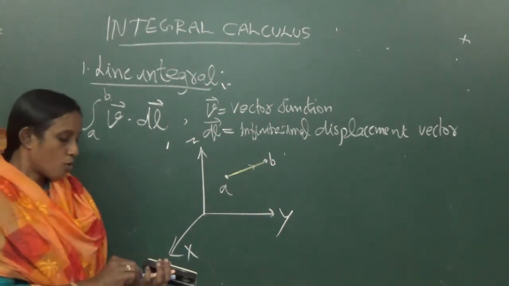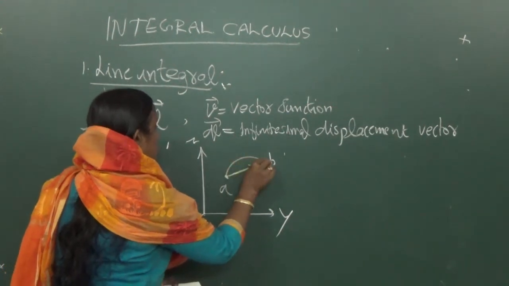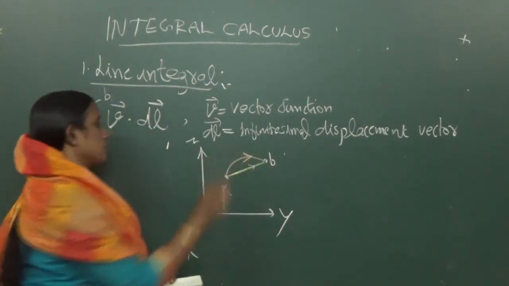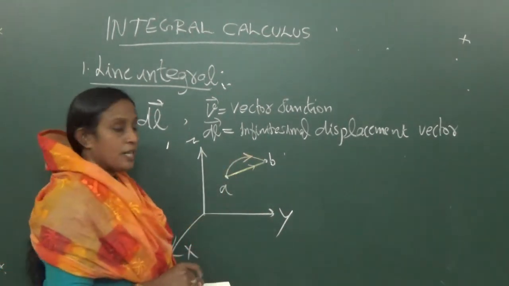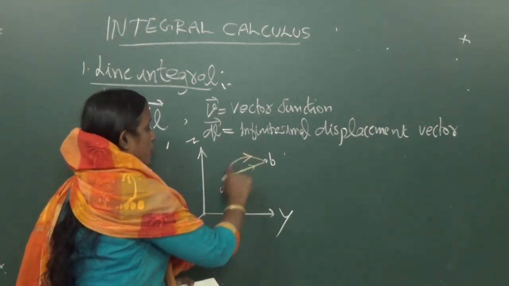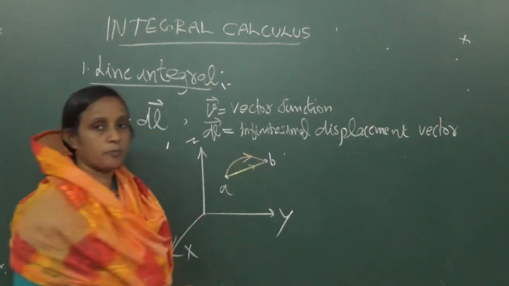Now take another one. Suppose this is your new path. Here also you can find the line integration over this path.